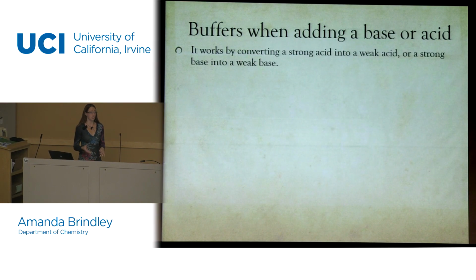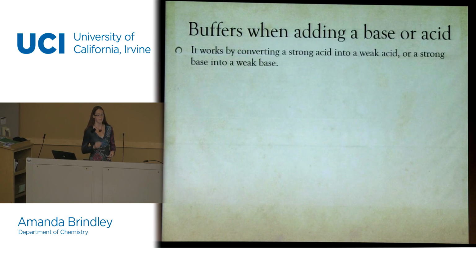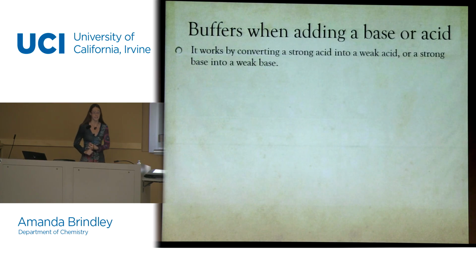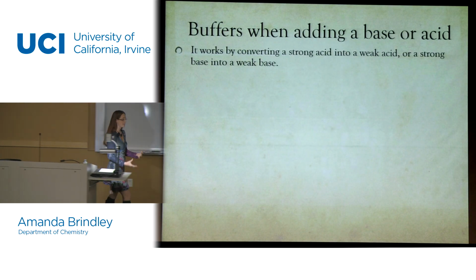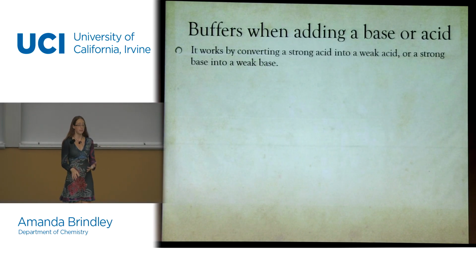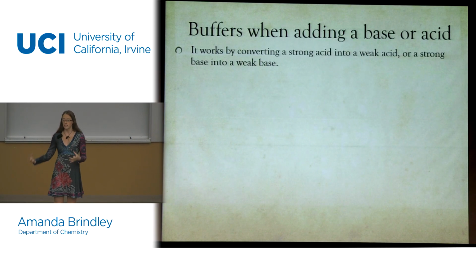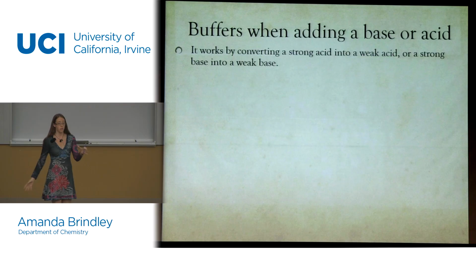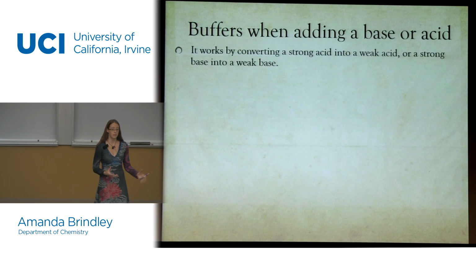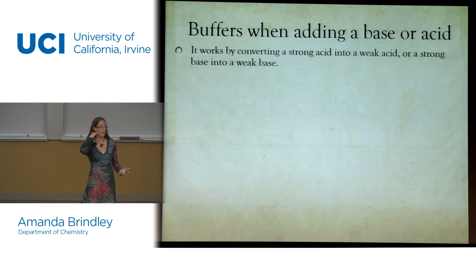So let's go back to we talked about this, but I want to go through it one more time. The way that buffers work is by converting a strong acid into a weak acid, right? Because the strong acid comes in, when I had people up here, that was me dropping in hydrogens. If there wasn't any buffer around, we would just have all those hydroniums sitting around, changing the pH really dramatically.